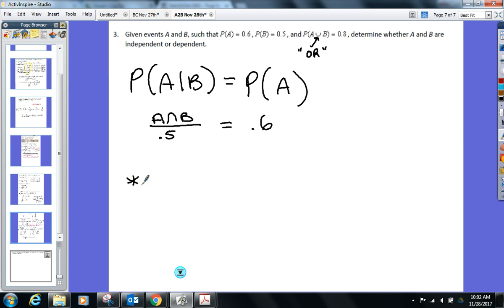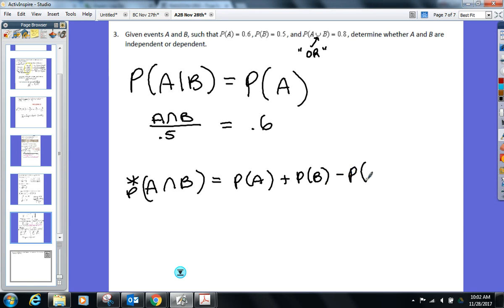If you ever want to find the probability of A and B happening, it's the same thing as the probability of A plus the probability of B. Anybody know what I do with that A or B? Minus the probability of A or B.